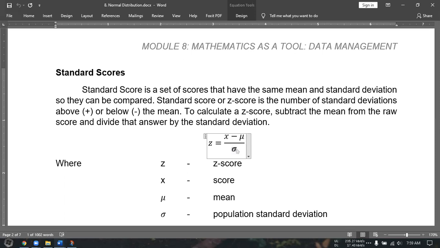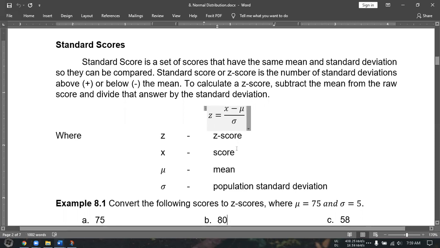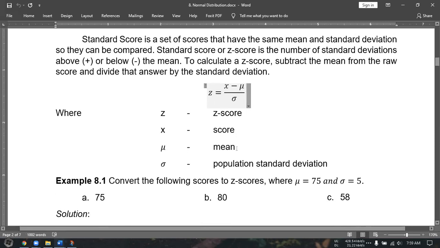So we'll be using this in converting your raw scores into standard scores. For example, convert the following raw scores to z-scores, where the mean is 75 and the standard deviation is 5.